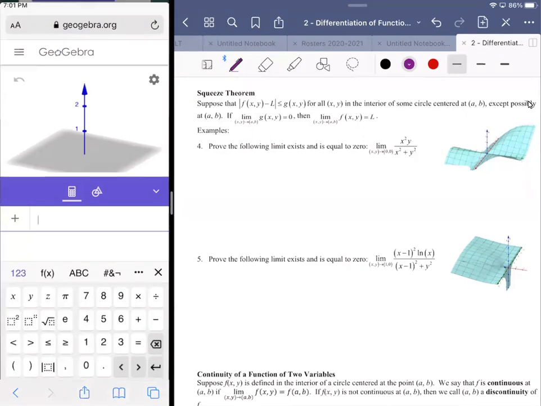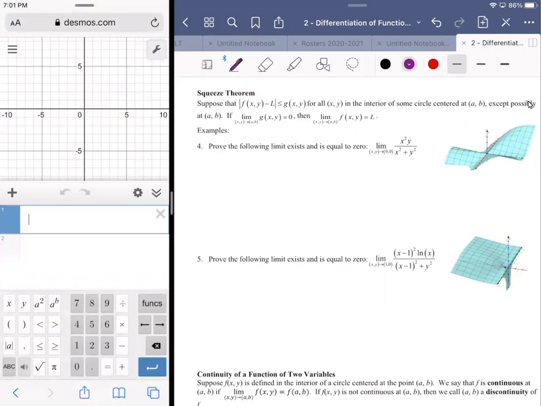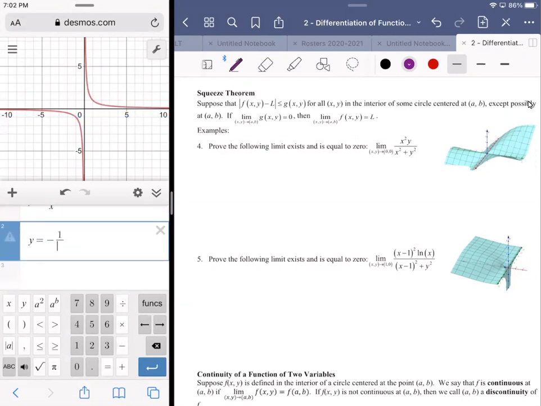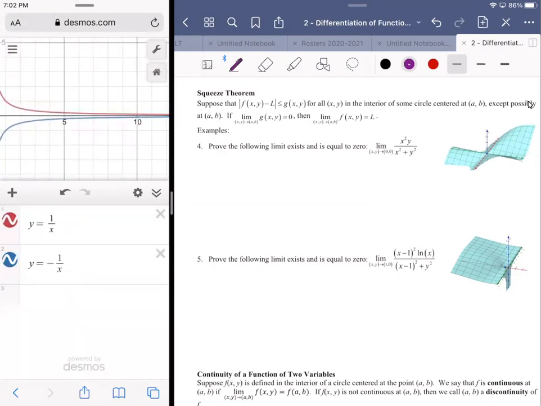I can give you a quick example on the Desmos calculator. Let's say we have y equals 1 over x and y equals negative 1 over x. And I'm just looking at this for positive values of x.